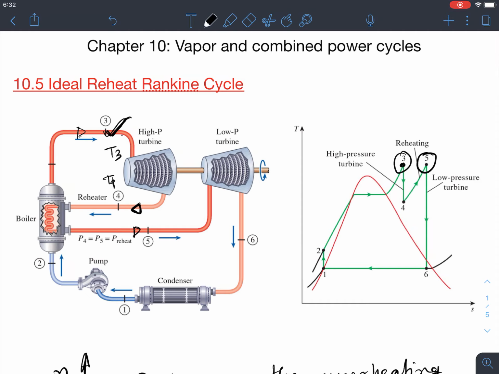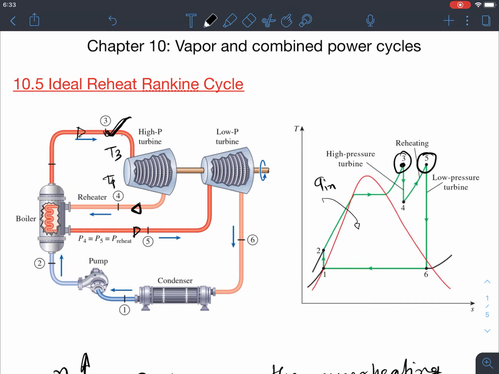So now let's take a look at what is happening with the Q in, Q out, and turbine work. When we use a two-stage turbine, we have a high pressure turbine and a low pressure turbine. We have the TS diagram already here, and we know that as always the Q in is right here, right?